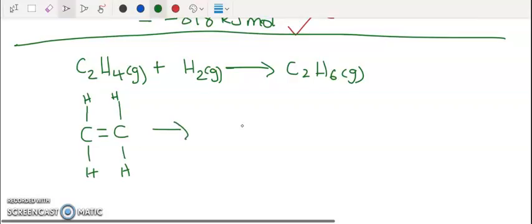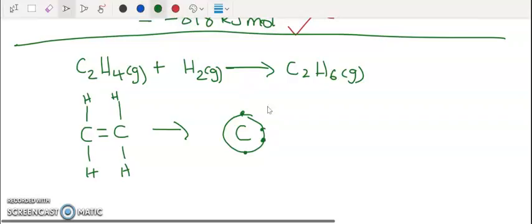To see this breakup again, as usual, carbon has 4 electrons in its outermost shell. So it's going to be like this. Actually, I keep making this mistake.